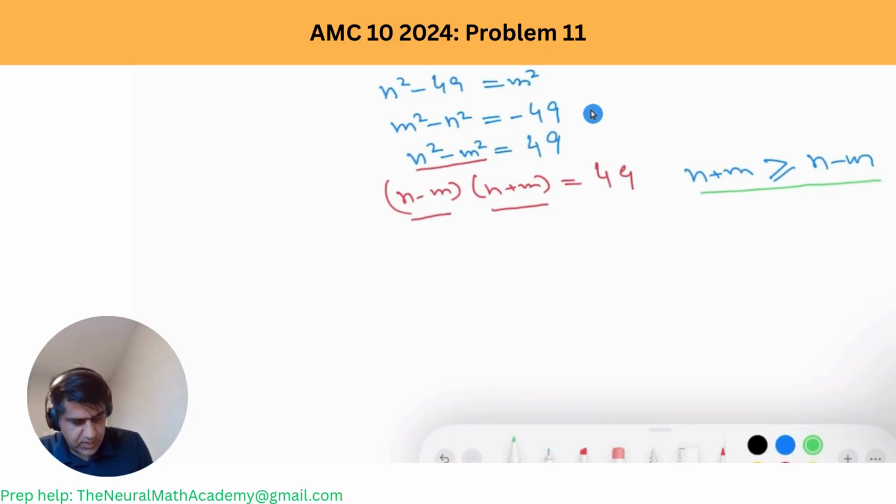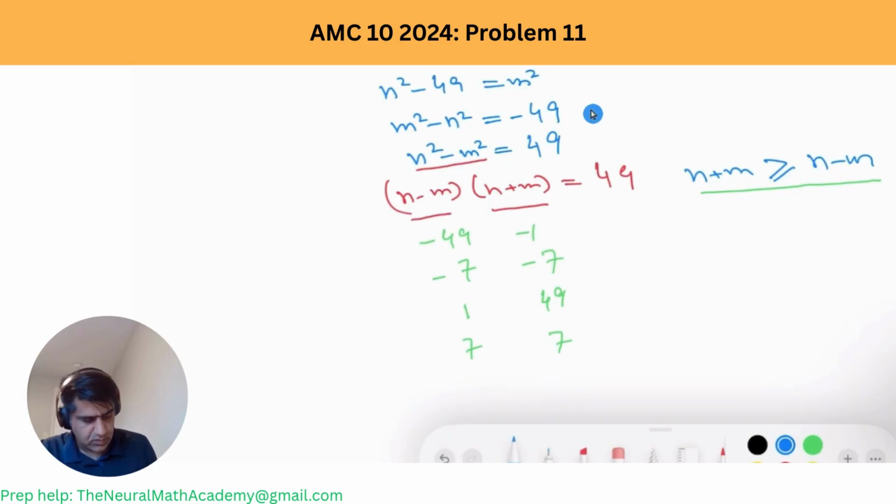The first one could be minus 49 and minus 1, so it would satisfy this equation. The second possible pair is minus 7 and minus 7. The next possibility is 1 and 49, and then we can have 7 and 7.